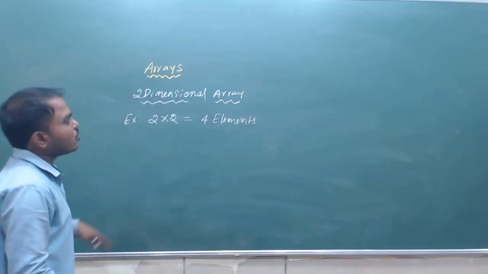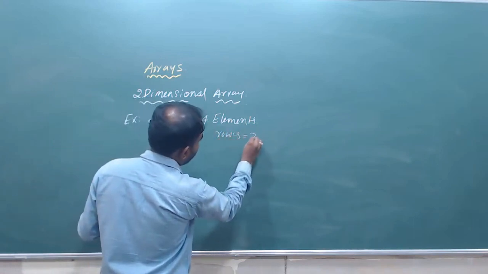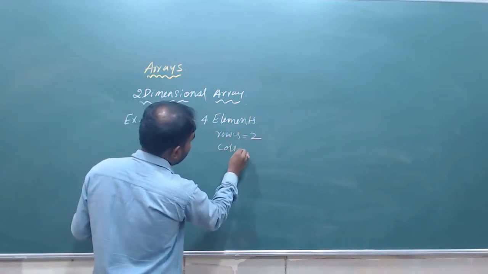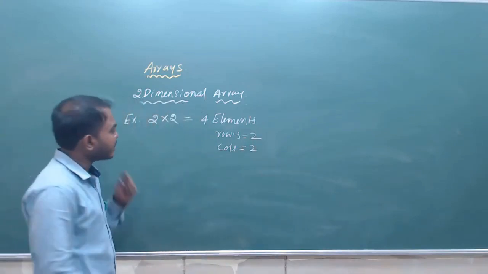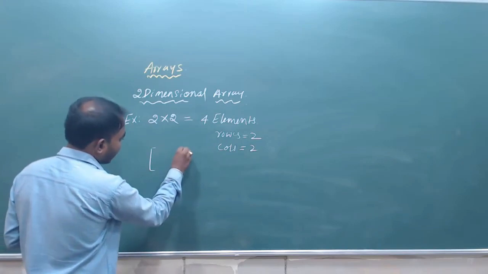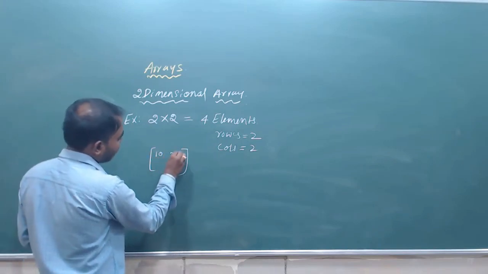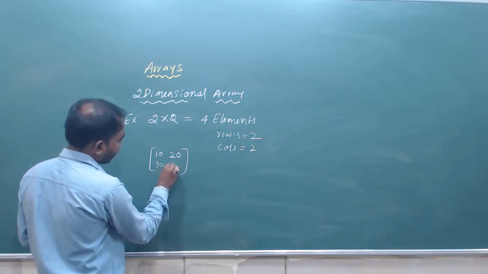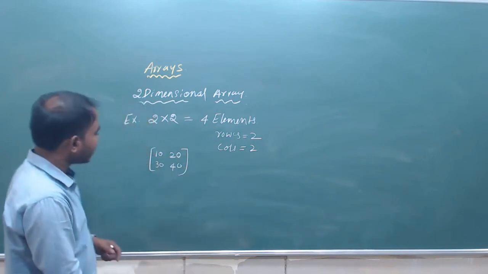So we can write rows 2, columns 2. How to represent it in the form of a matrix? So I take a 2 by 2 matrix and take any of the 4 elements here.